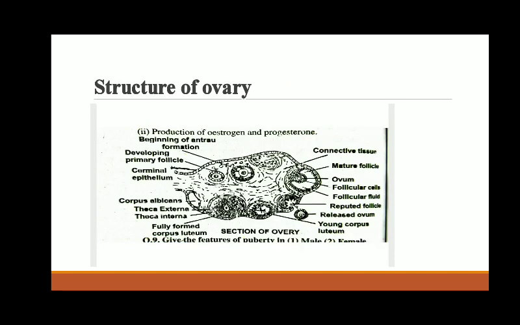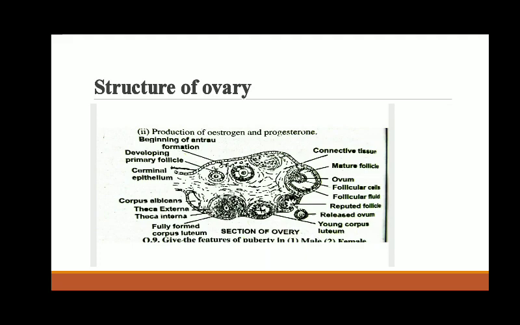Next one, we will discuss the structure of ovary. Each ovary is made up of, first one, germinal epithelium. It is a simple squamous epithelium covering the ovary externally. Second one, tunica albuginea. It is a whitish capsule of dense irregular connective tissue below the germinal epithelium.